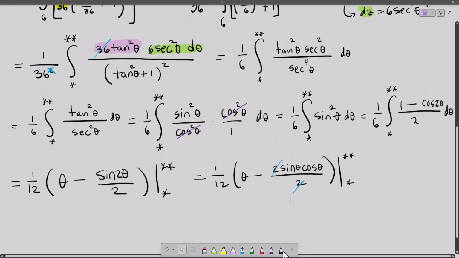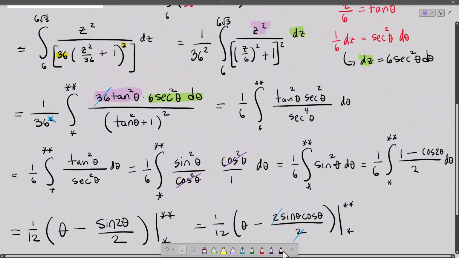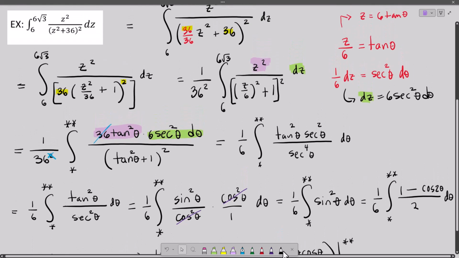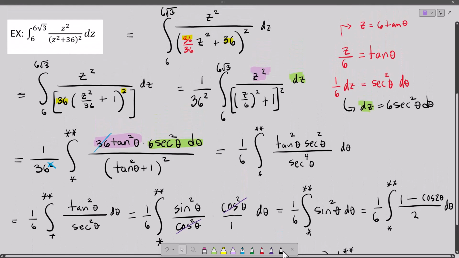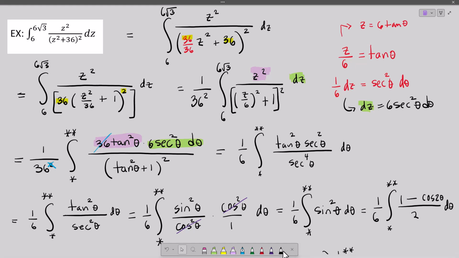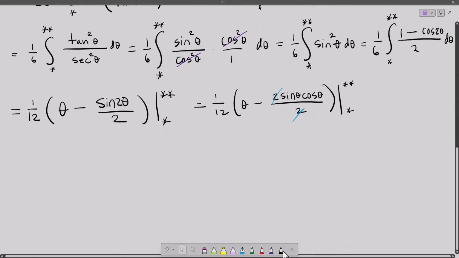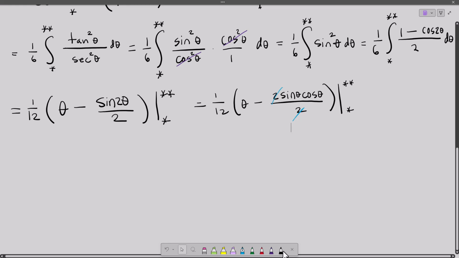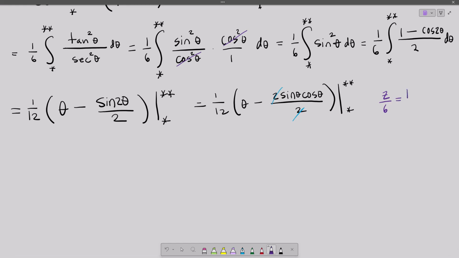Now we draw our magic triangle. This triangle will take us back and forth between thetas and z's. So we have z over 6 is tangent of theta. Draw our triangle as if it's in quadrant 1 like that every single time.